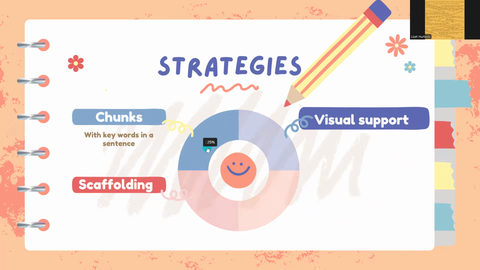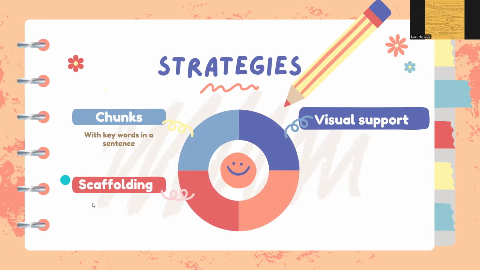So I use keywords in sentences in the presentations. I also try to include these specific words and models that they have so they can guide themselves. But it is in a scaffolding process.